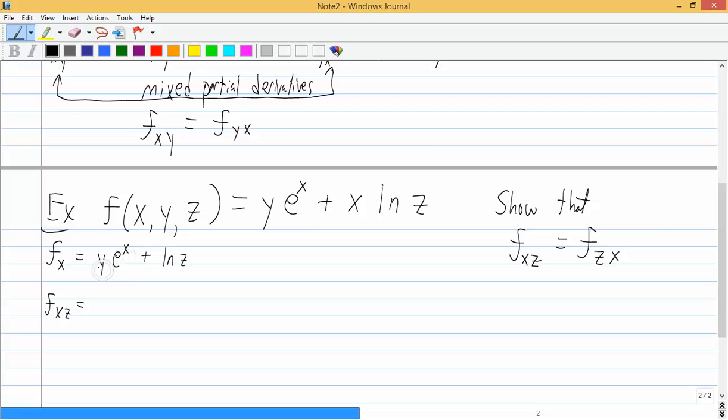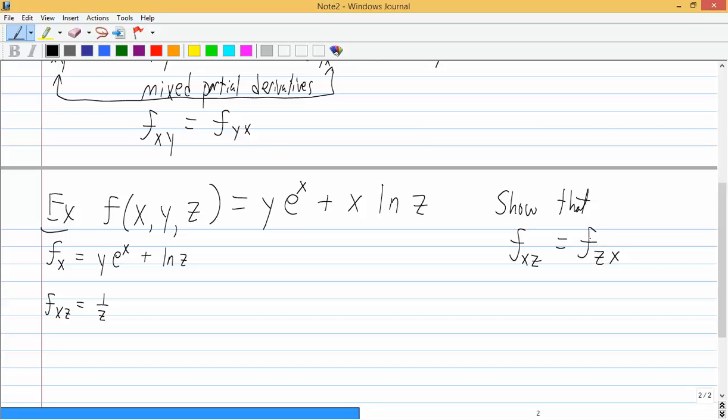So that's all a constant when you're taking the derivative with respect to z. So it's just 0. Plus the derivative of the natural log of z. It's just 1 over z, right? The derivative of natural log of z is just 1 over z. And then the derivative of z is 1, so you don't have to worry about that. All right. So that's f sub x z.